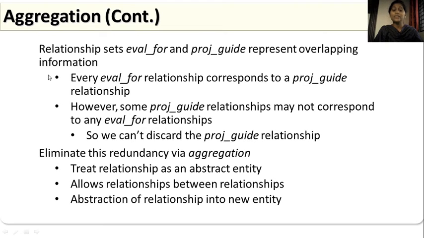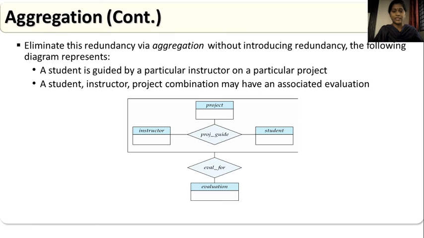How? In the sense, treat the relationship as an abstract entity, and allow relationships between the relationship and other entities, abstracting a relationship into a new entity. So eliminate the redundancy via aggregation without introducing redundancy. The following diagram represents this, see here.